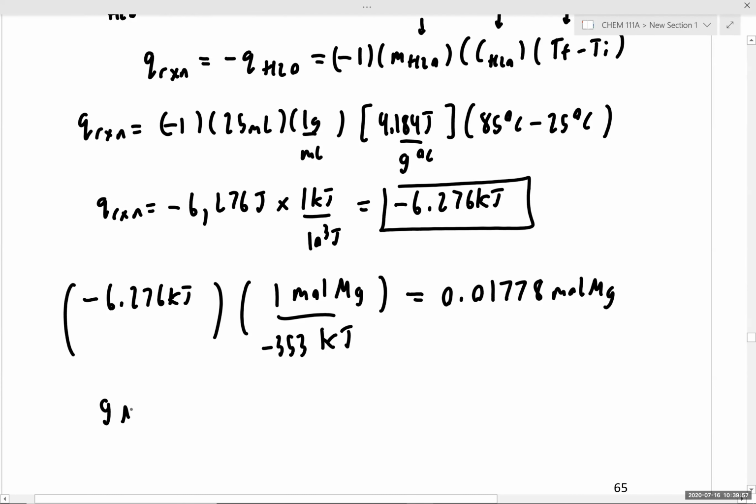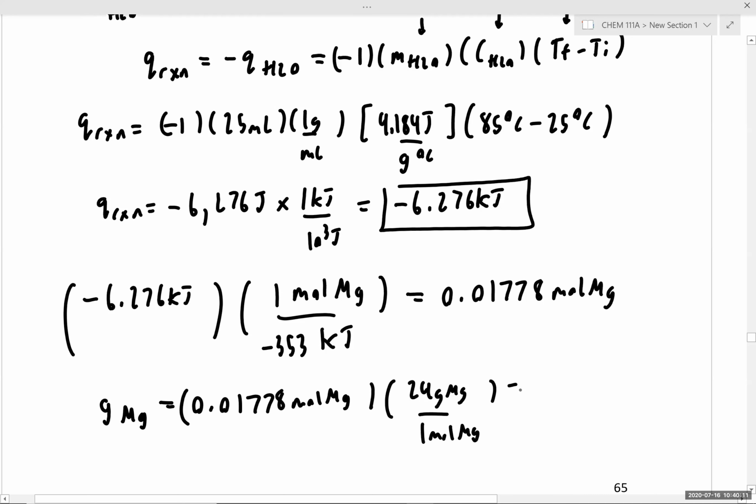And then to calculate the grams of magnesium, we take 0.01778 moles of magnesium times 24 grams of magnesium in 1 mole of magnesium, which gives us 0.42. Let me look at my input data. We only have 2 sig figs in our inputs, so 0.43 grams of magnesium.